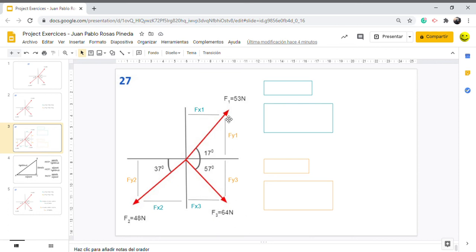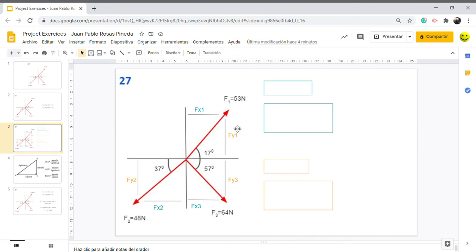Now, in case of the fy, remember that this vertical one is the y-axis, so the same applies to these lines. So fy1 is going to be here, fy2 is going to be here, and fy3 is going to be here.